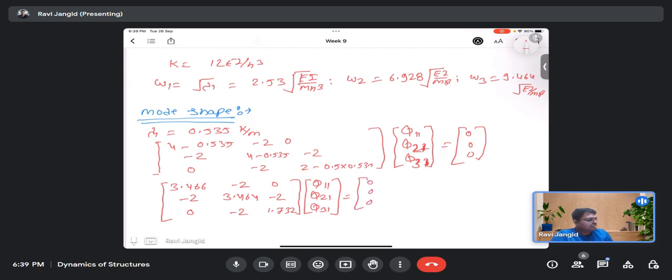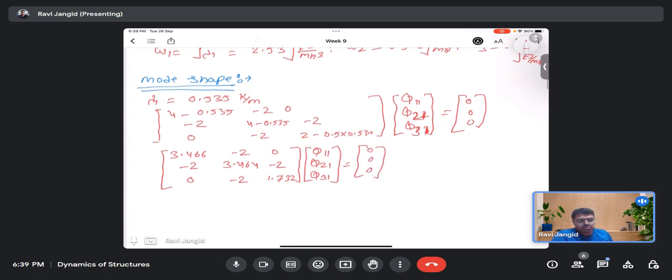Can you get the mode shape for this value? Take any equation and give me the mode shape. Anything. What is the value? And let us normalize it with the φ31. Like we are normalizing, consider that φ31 is one.